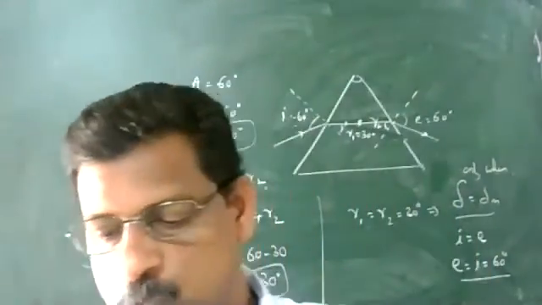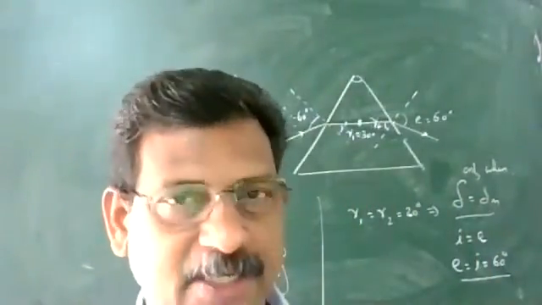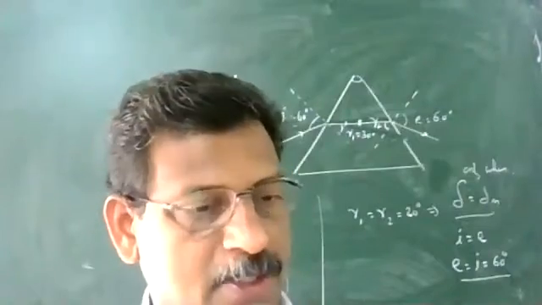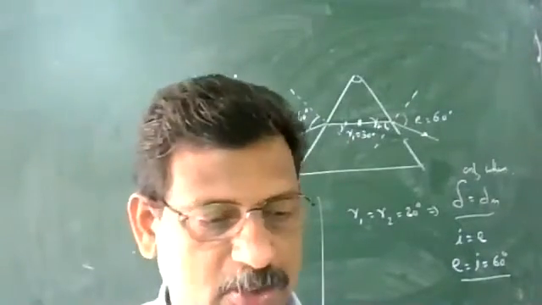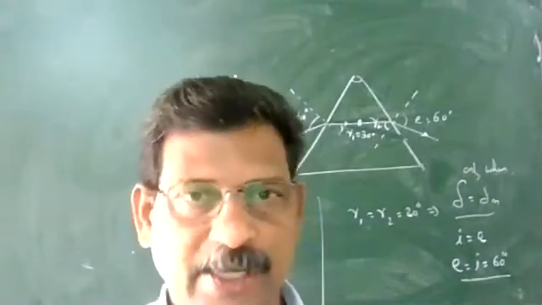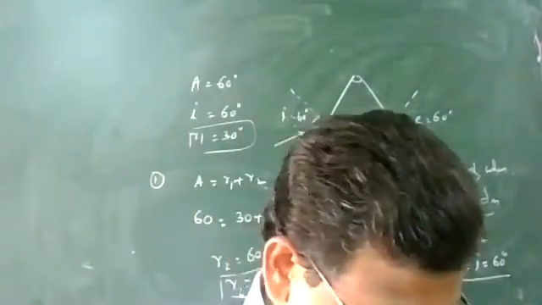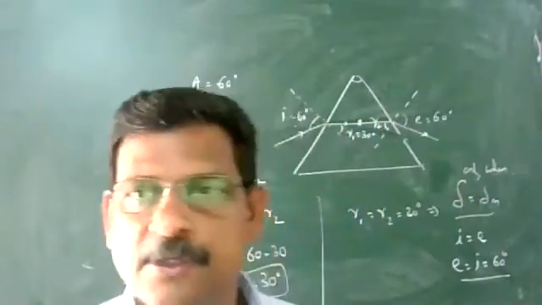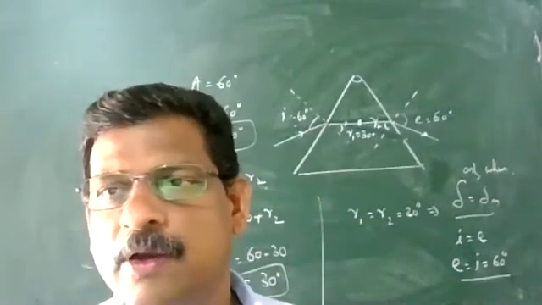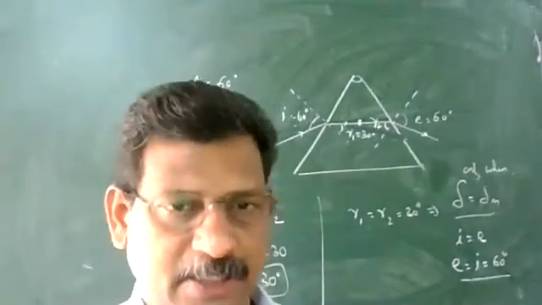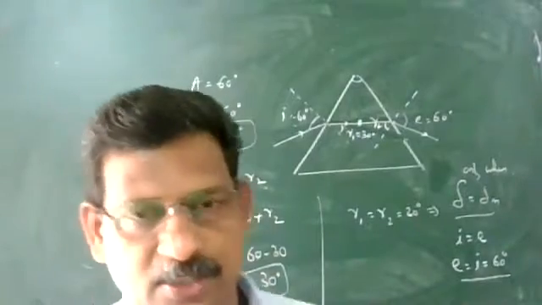Next point we discuss is the dispersion of white light. When white light is passing through the prism, you can see all the colors are separated. Dispersion means when white light is passing, within white light there are 7 colors.